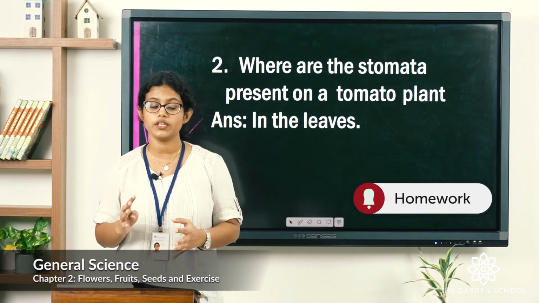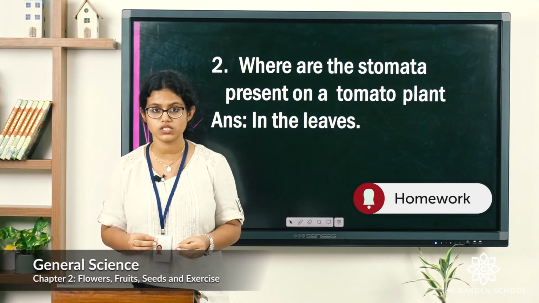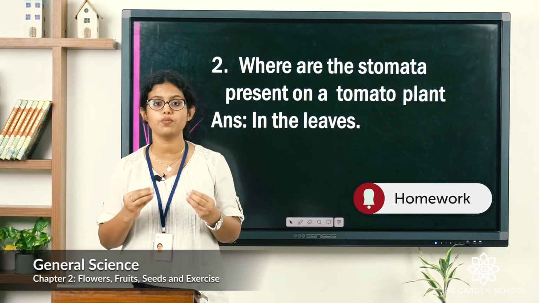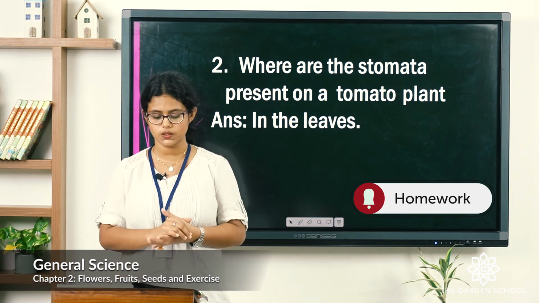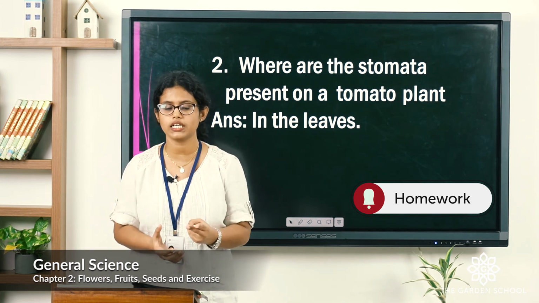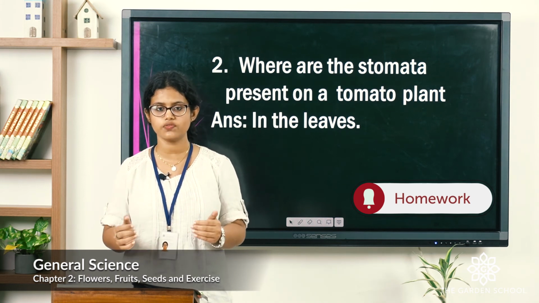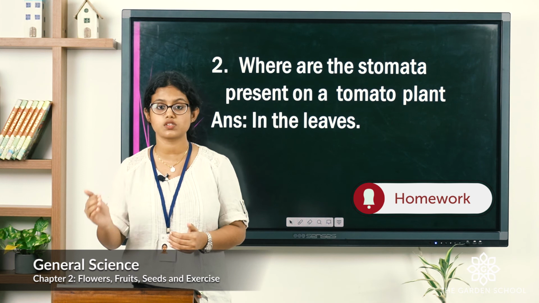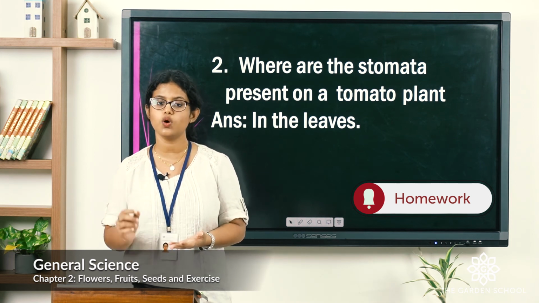Now coming to the next one, it is an activity. The names of 4 different plants are given. And what you have to do is, you have to observe and write the type of root these plants have. And you can write it down in the space given. And one more activity is there. What you have to do is, you have to take up 2 plants. One plant with a leaf with leaf veins arranged in a straight line, and another plant with the leaf veins connected to the midrib.